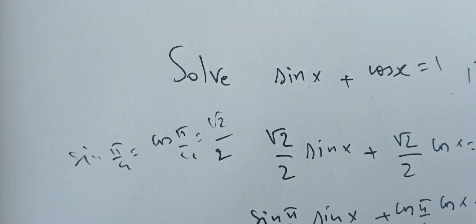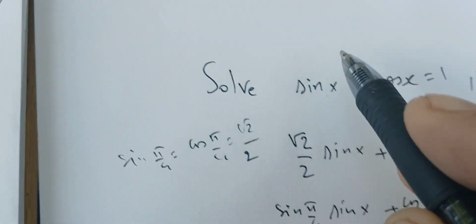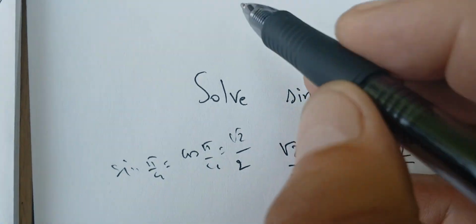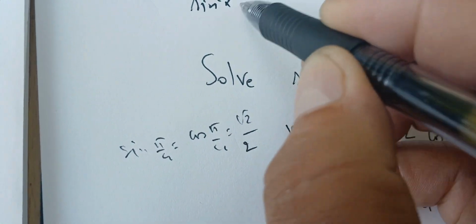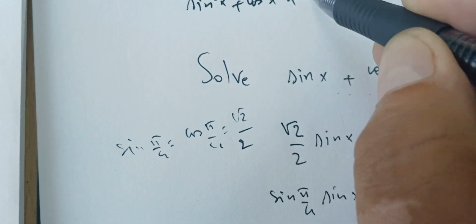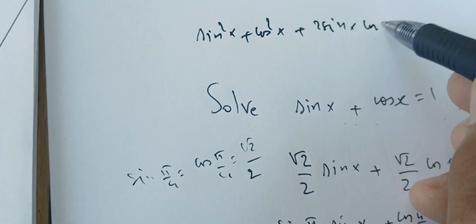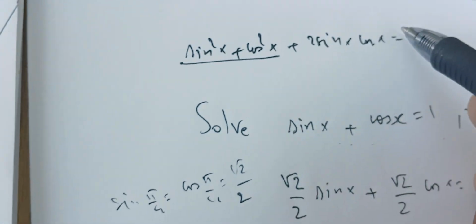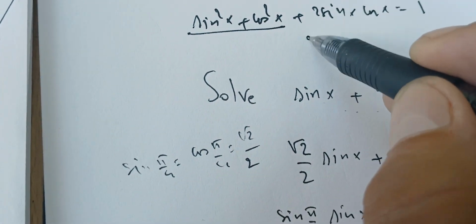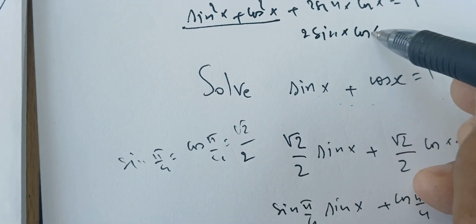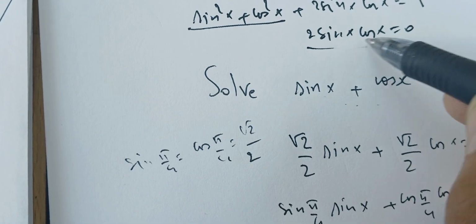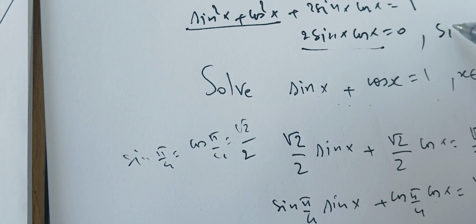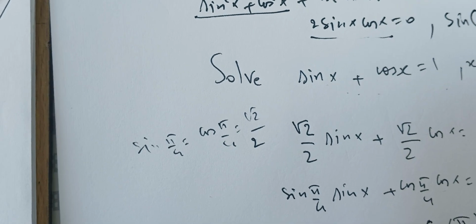On the other hand, if we square both sides here, what are we going to have? We're going to have sine squared of x plus cosine squared of x plus 2 sine x times cosine of x is 1. And knowing that this is 1, we can cancel and we get 2 sine x cosine x is 0. Using the double angle formula, we get sine of 2x is 0.